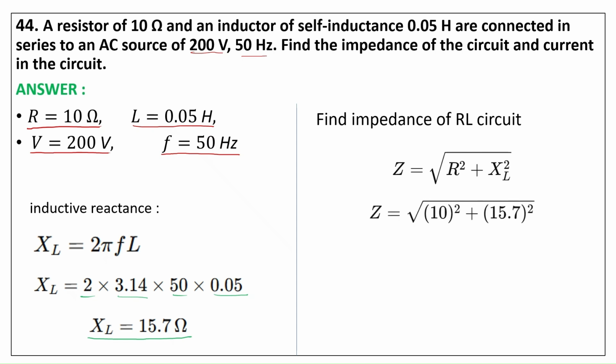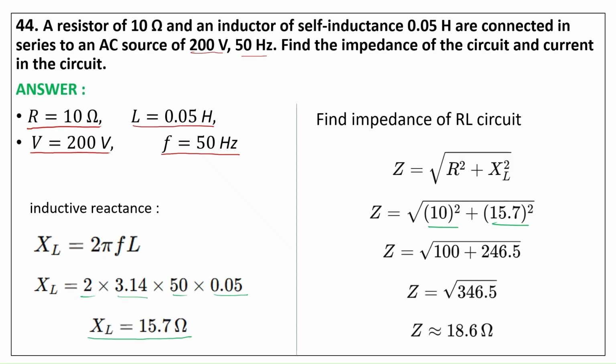Therefore, Z is equal to root of 10 square plus 15.7 square. We get Z is equal to root of 100 plus 246.5. That is, Z is equal to root of 346.5. We get Z approximately 18.6 ohm.